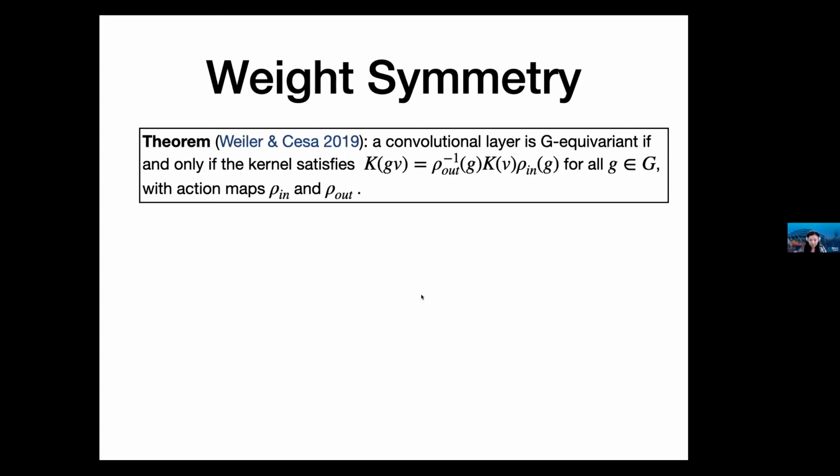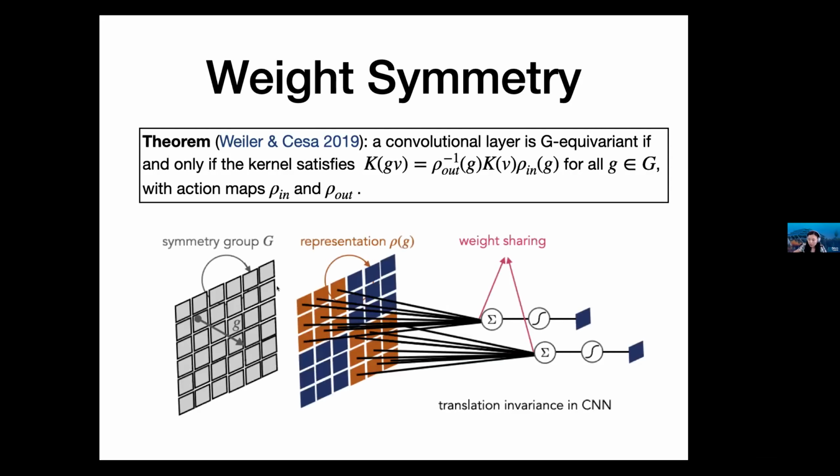Concretely, if we think about how the regular convolutional neural network achieves translation invariance, which is a special symmetry in the symmetry group, what it does is that if I look at the symmetry of translation, we can ensure that this kernel in this orange block is shared across the translation group.